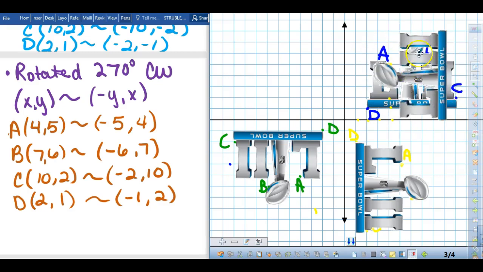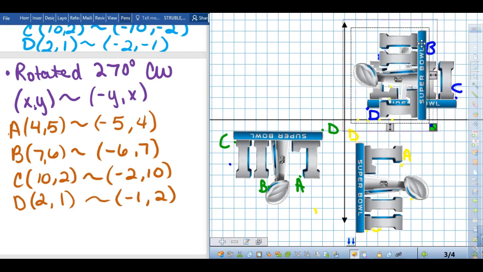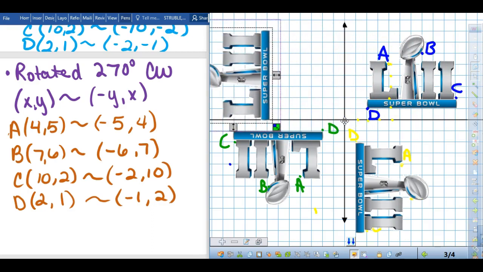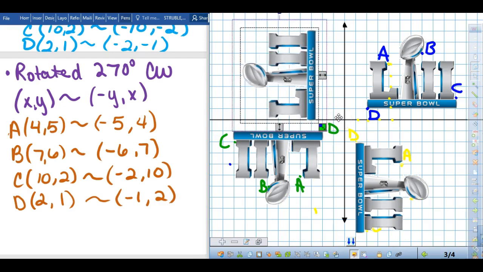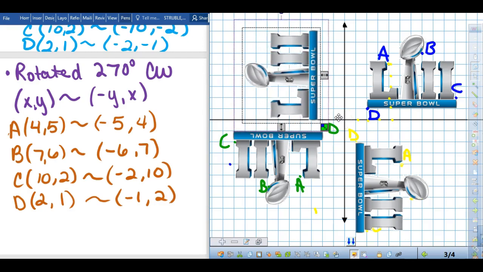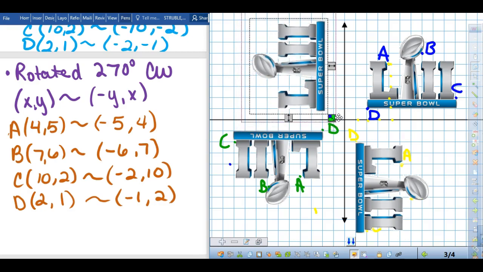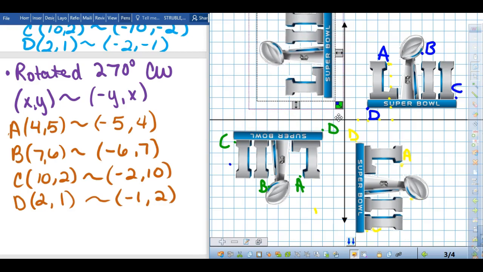So it's going to turn on its side. But not only that, but because we're rotating it about the origin, it ends up over into the second quadrant, but not quite that far. And about right there is where it'll end up.